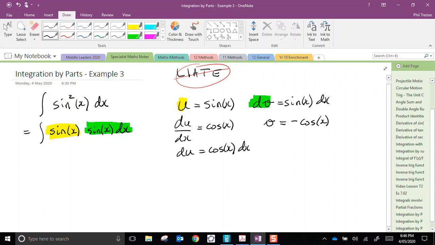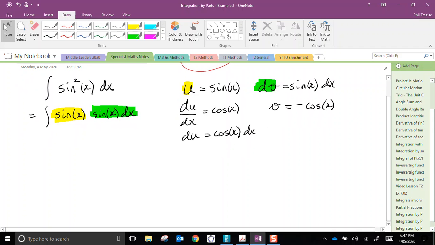Now, we've done the preparation work, let's write the rule. So remember, the integral of u dv equals u multiplied by v, subtract the integral of v du.